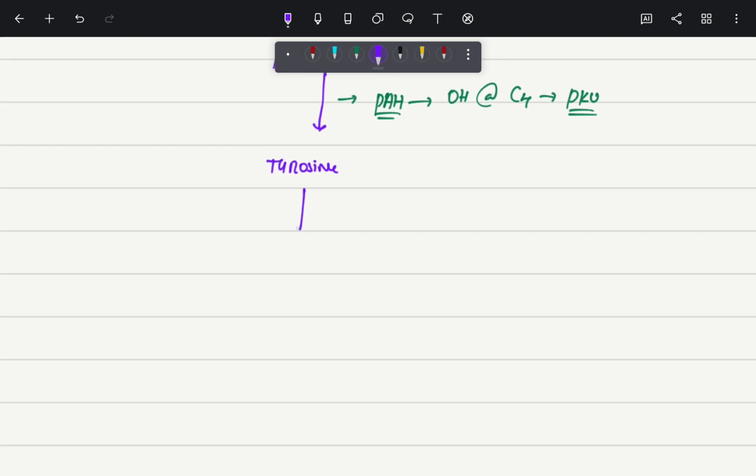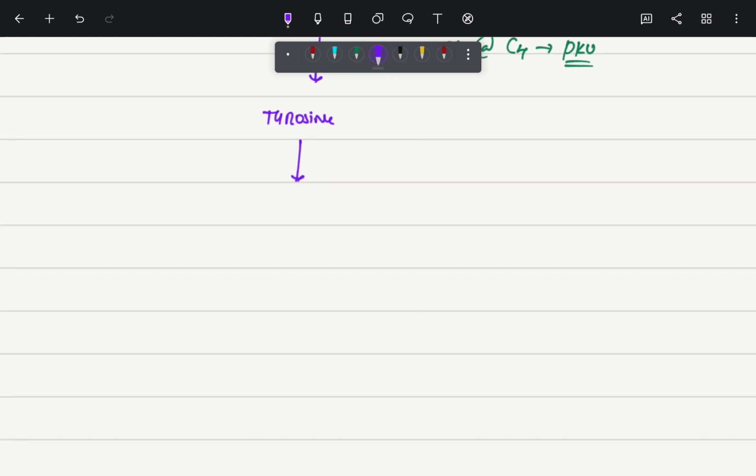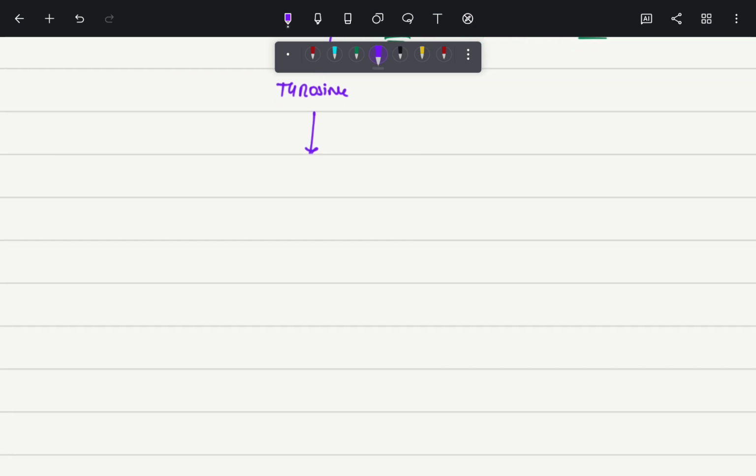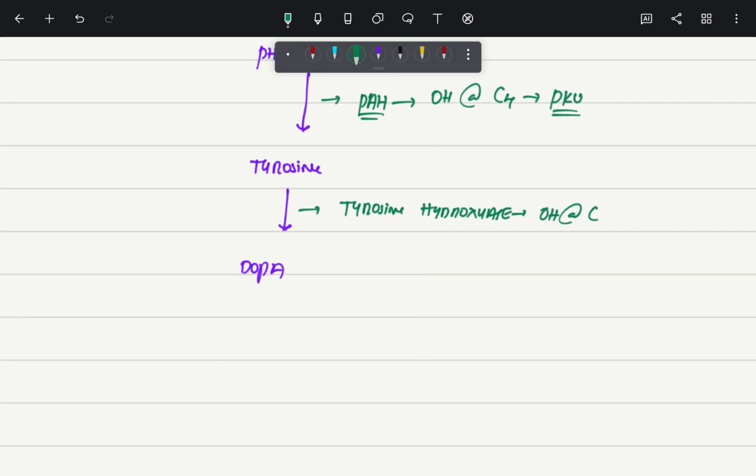Eventually tyrosine is converted into dopa, and the enzyme responsible here is your tyrosine hydroxylase, right, which was doing hydroxylation at carbon number 3, and it is the rate limiting step.